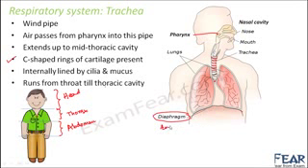This denotes the end of the thoracic cavity, and after it starts the abdominal cavity, where you have most of your digestive organs like the stomach, small intestine, liver, pancreas, all those things present in the abdominal cavity. The thoracic cavity is filled with your lungs and some portion of the trachea. So that is all about the trachea.